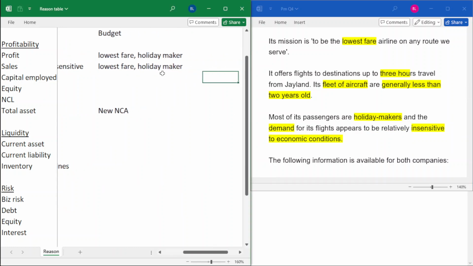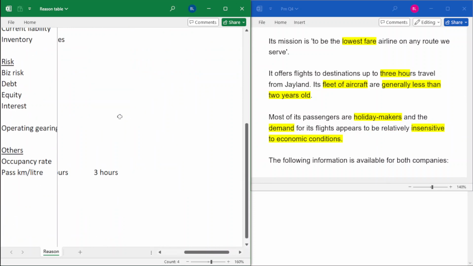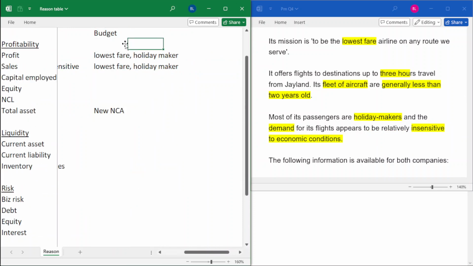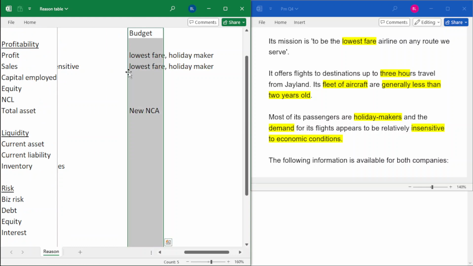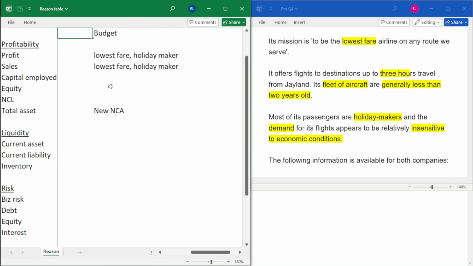So let me put here: our demand, meaning sales or budget, is insensitive.